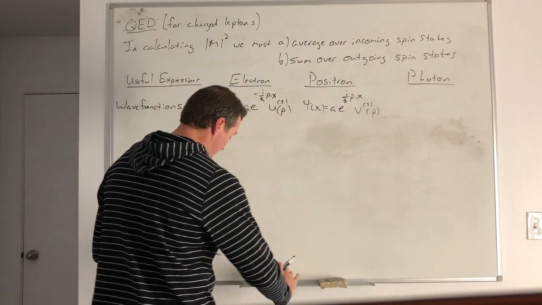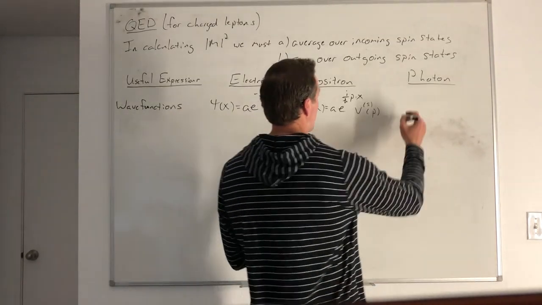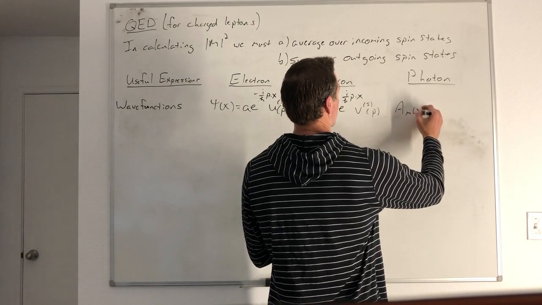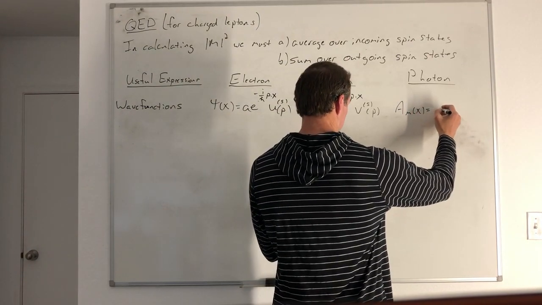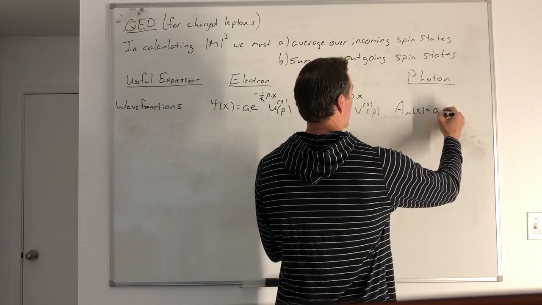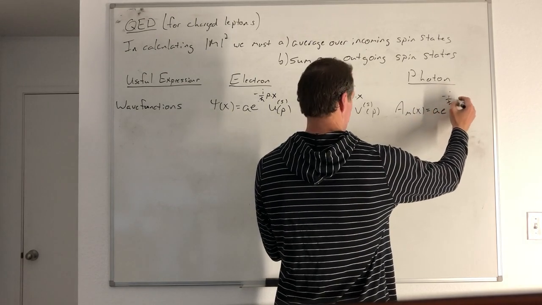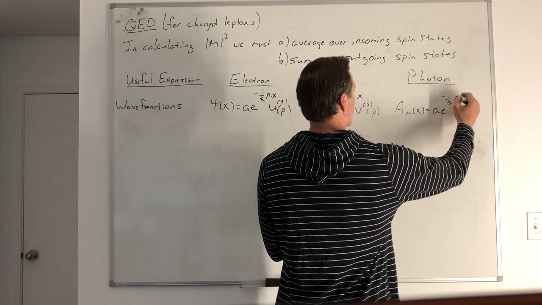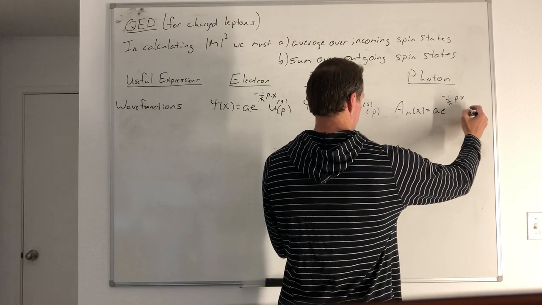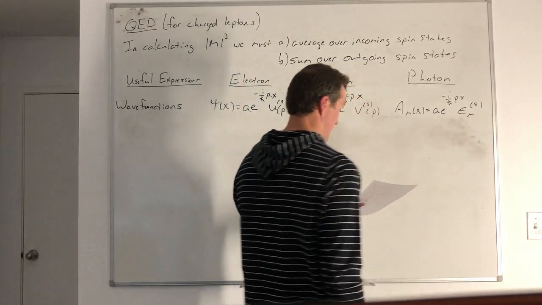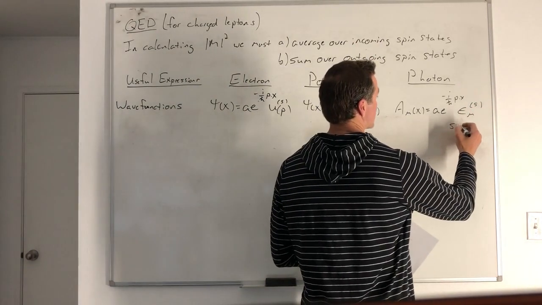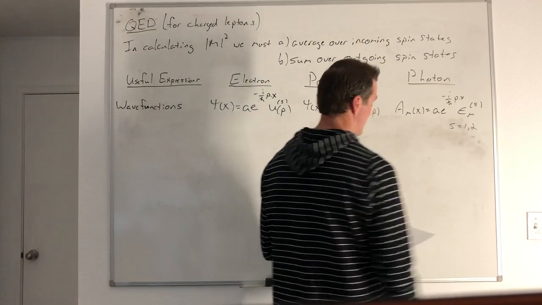All right, so then for a photon, we have a solution to the Proca equation, which takes the form A e to the minus i over h bar p dot x times epsilon mu of s, where s in this case just takes the values 1 and 2.